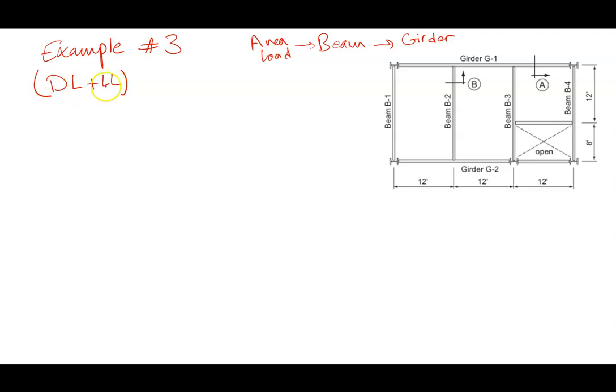So we calculated the total dead load and live load, and multiplied that number by tributary width of load for beam B1. Then we did the same thing for B2, and then we repeated the process for beam B3.